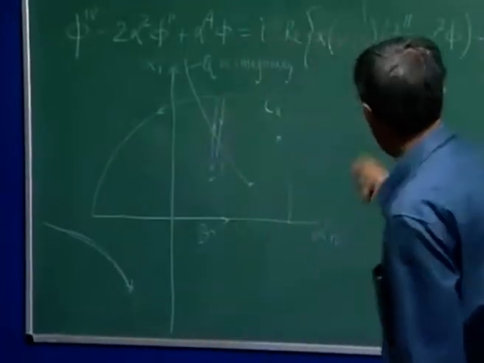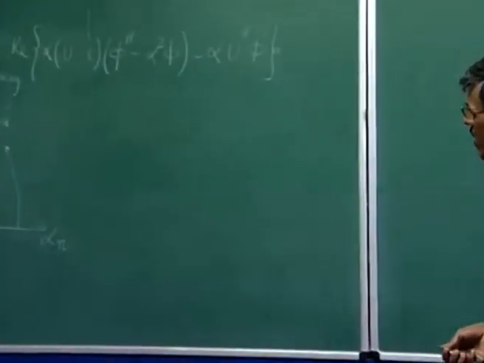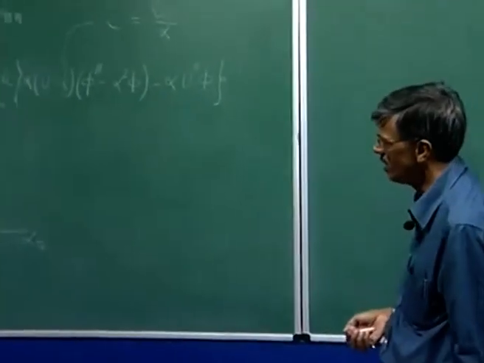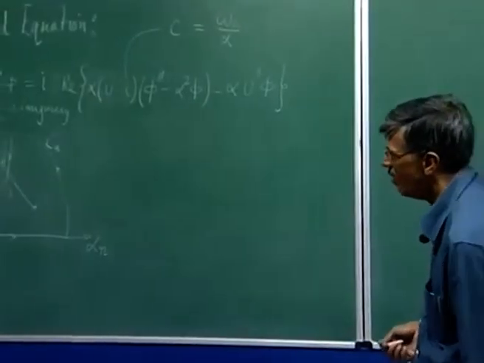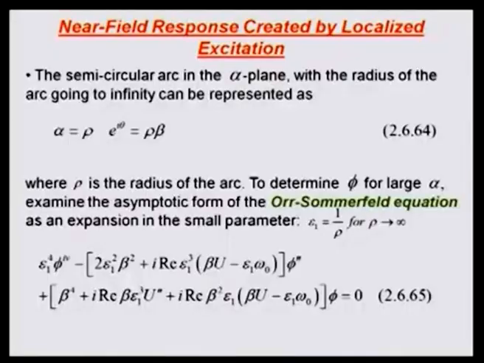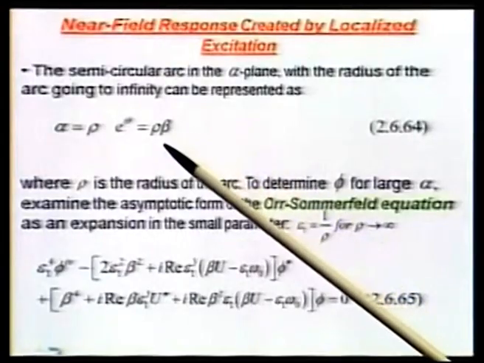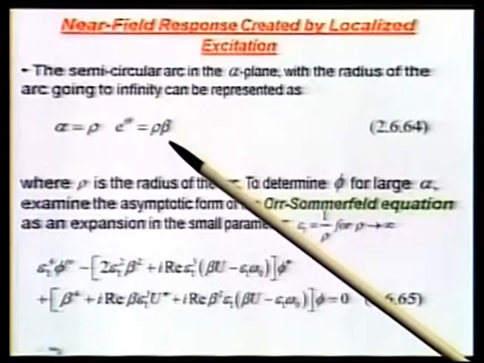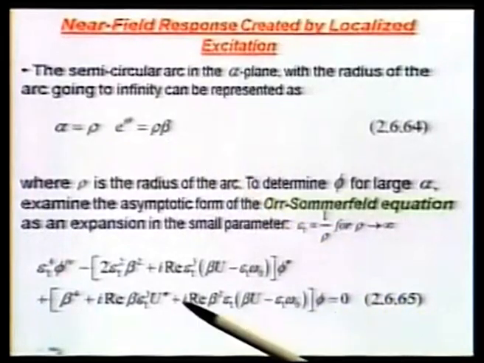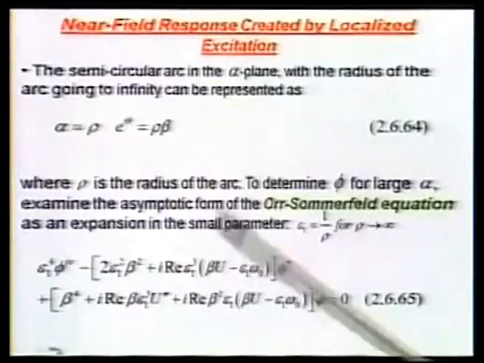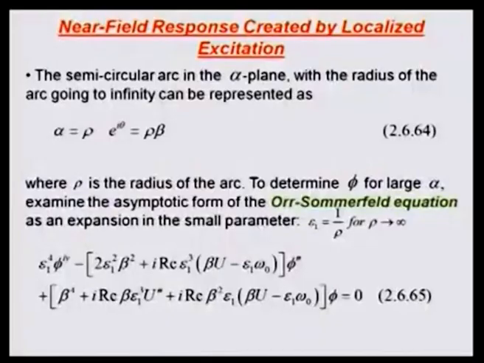And then I have the Orr-Sommerfeld equation. Okay. And then what I would do is wherever alpha appears, I will write it in terms of what? Beta by epsilon 1, isn't it? Beta by epsilon 1, and I plug it in and expand it. This is what I get.